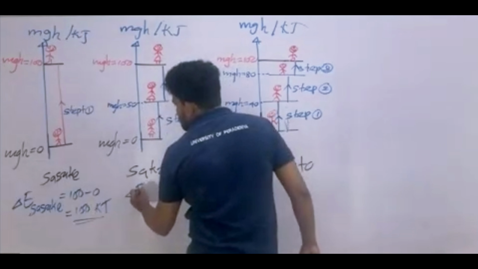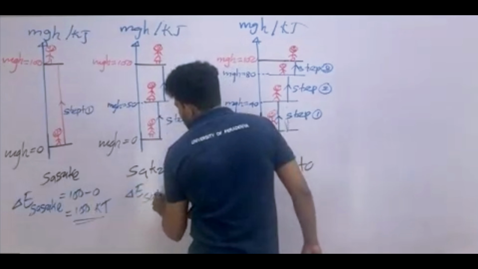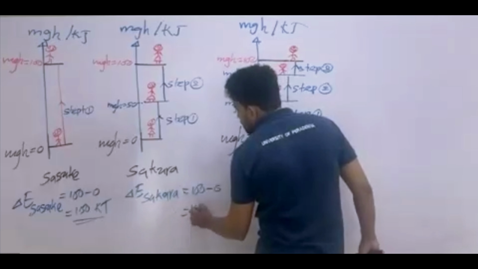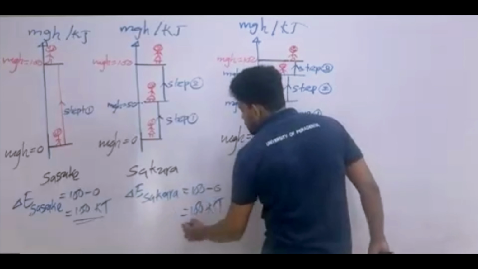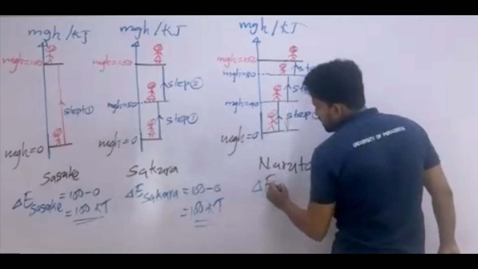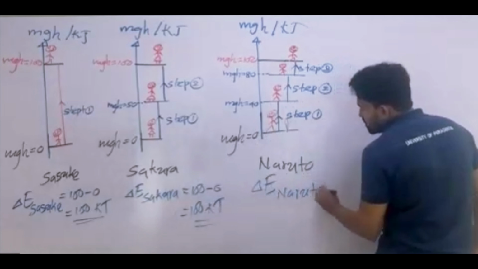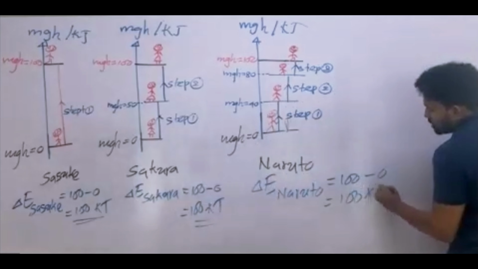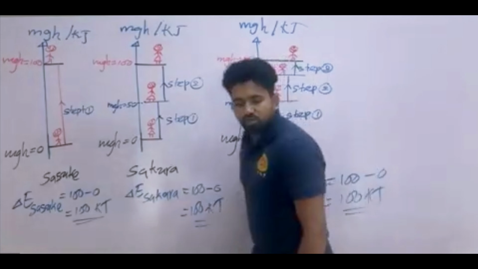Sakura, delta E Sakura, that is equal to 100 minus 0, 100 kilojoule. Delta E Naruto, that is equal to 100 minus 0, 100 kilojoule.